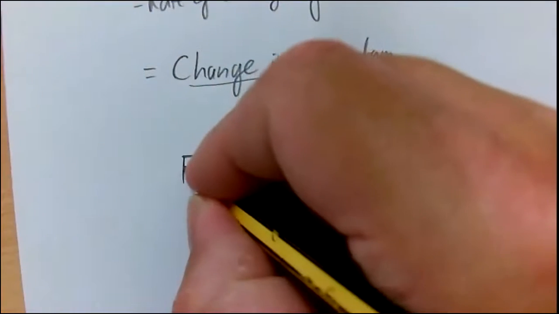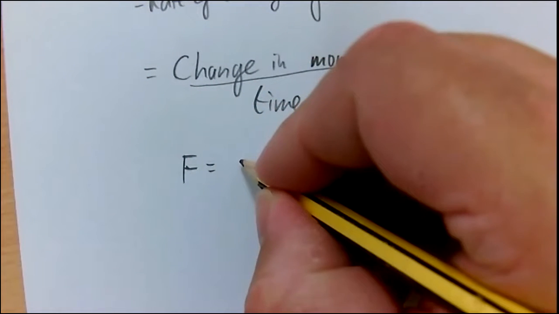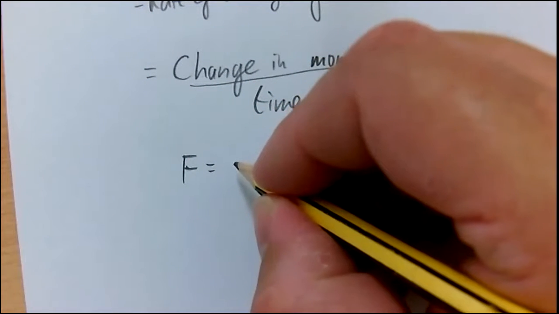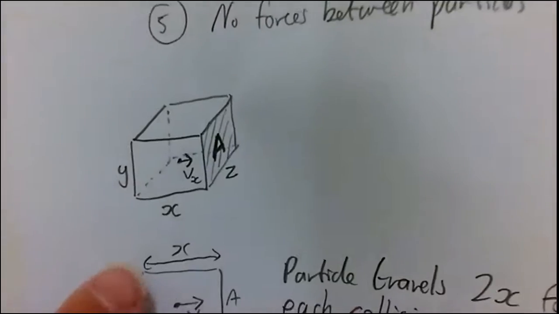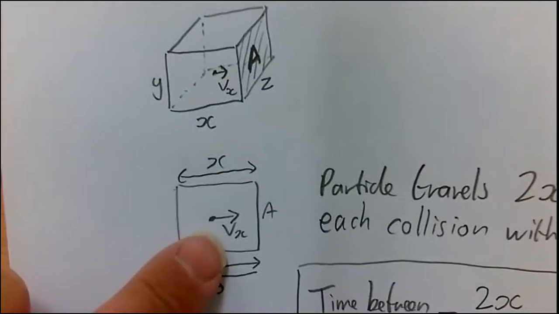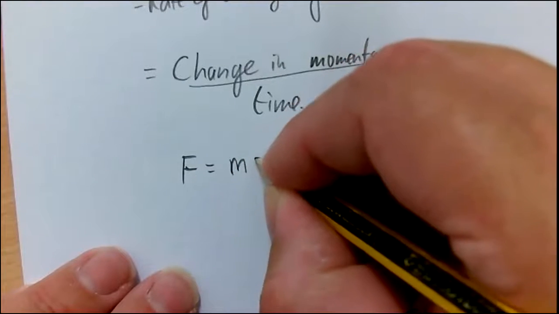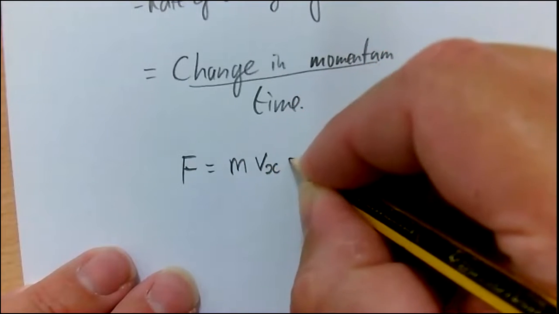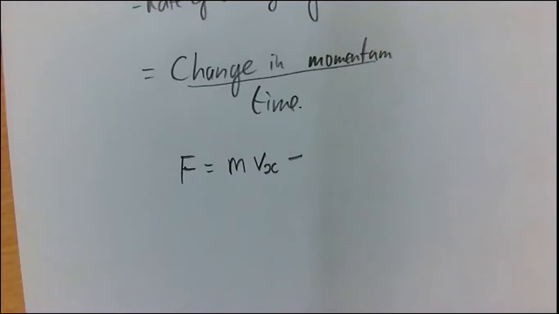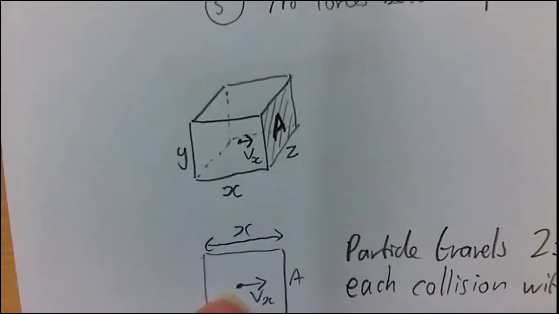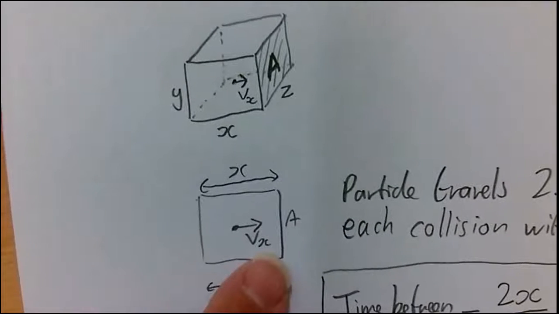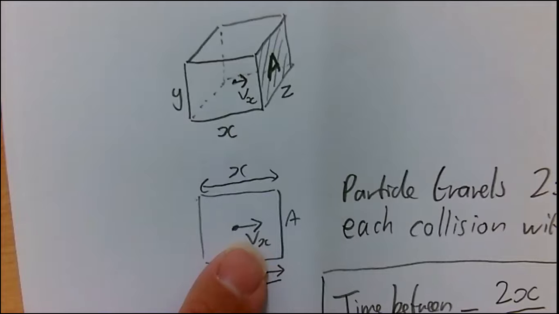So the force is the change in momentum. Well, momentum is mass times velocity. So a particle, we'll give it a mass little m for now, and it's got a velocity of Vx. And then its momentum afterwards is going to be, well, the magnitude is going to be Vx, but it's traveling the opposite direction. So its velocity is minus Vx.